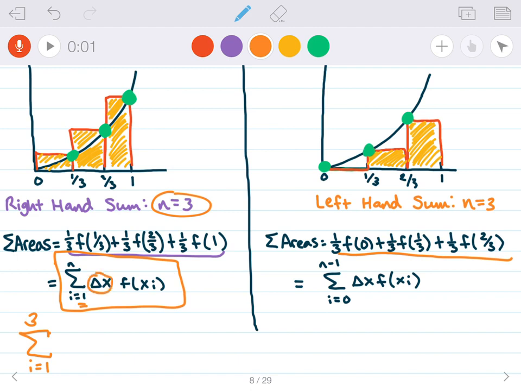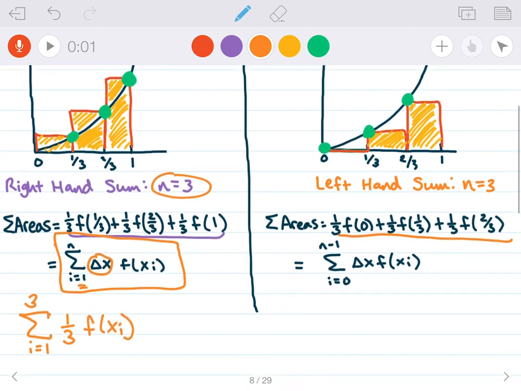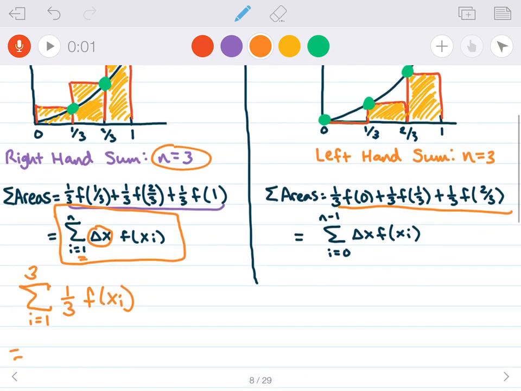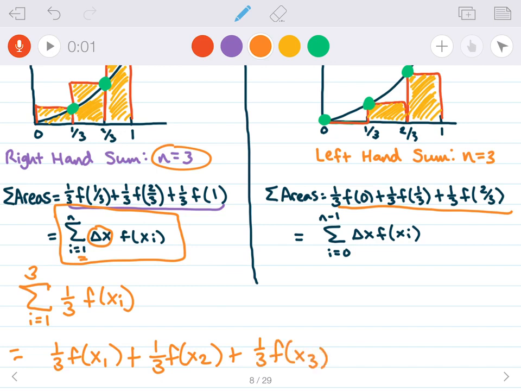Delta x is the width of the rectangle, so we have a third, in this case, times f of x_i. So what does this look like expanded out? Well, we start at i equals 1, so we have a third times f of x1, replacing i with 1, plus, then do it again, but now i is 2, so we have a third f of x2, and finally, we have a third times f of x3. So that's what this summation notation looks like.